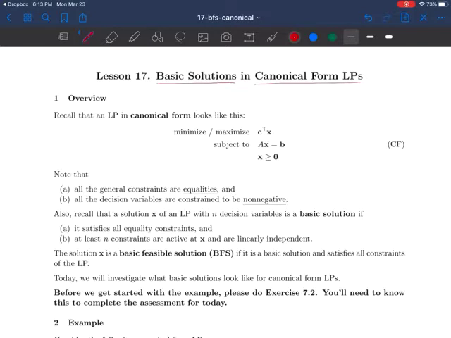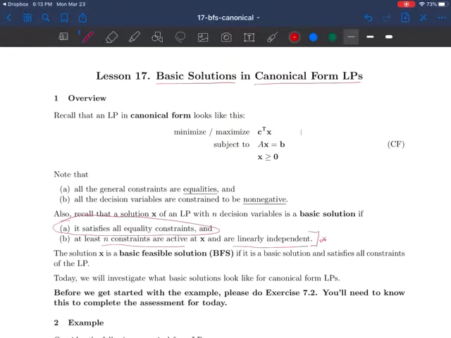And that relies on a few different definitions, in particular active constraints, linearly independent constraints. And note this other condition that it satisfies all equality constraints, something that we perhaps haven't really discussed as much. We've been really focused on this one.